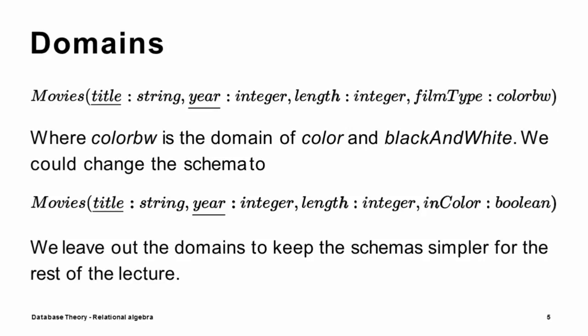So if we take that schema once more, that relation, and have a look at it, and this time we have added the type. Each attribute here has been associated with a type.